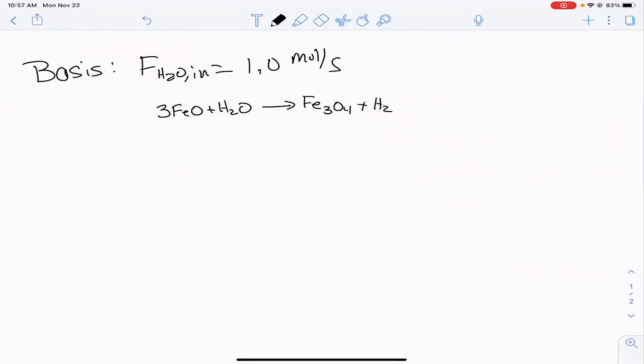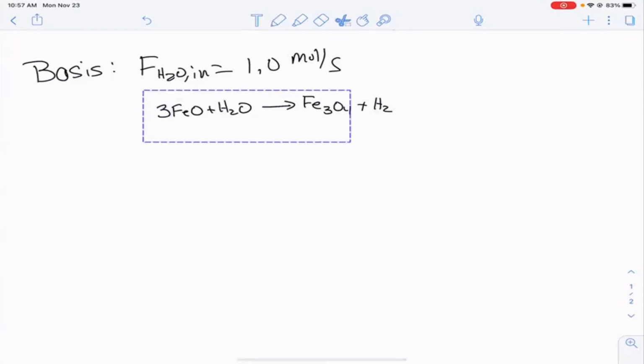And remember, we're assuming that all of the reactions in this problem undergo those reactions to completion, and that all the reactants are available stoichiometrically. So that makes this problem actually relatively straightforward.